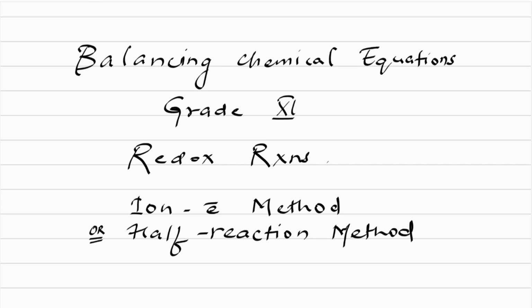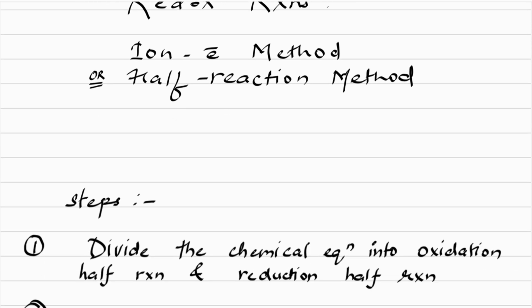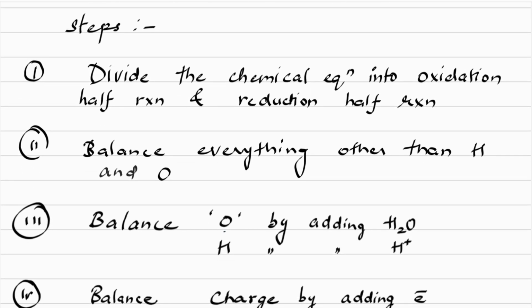So let's get started. For the half reaction method, there are some steps to be followed and you need to memorize those steps. The first step is, whatever your chemical equation is, you need to divide that into two halves, oxidation half reaction and reduction half reaction. For that, you should be able to recognize the oxidation part and the reduction part.